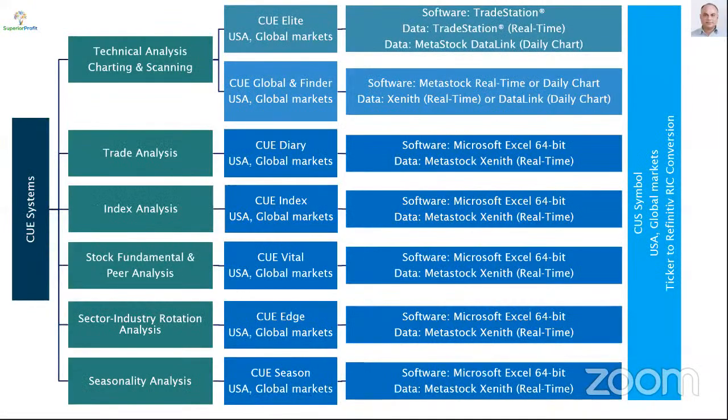In Q Master classes, we are going through all the Q systems and the underlying platforms one by one. In the last session, we started with technical indicators and technical charts on Q Elite and Q Global. We are going to continue with that today.